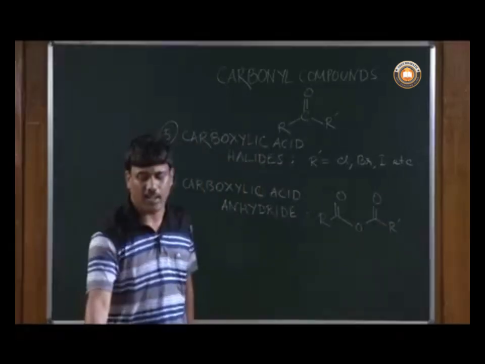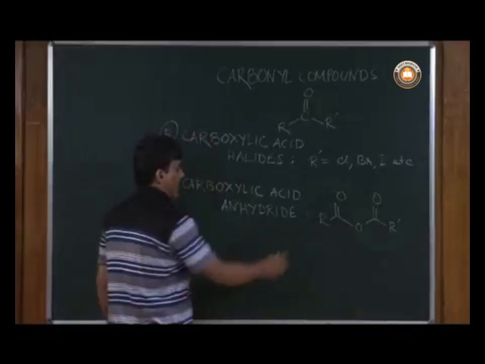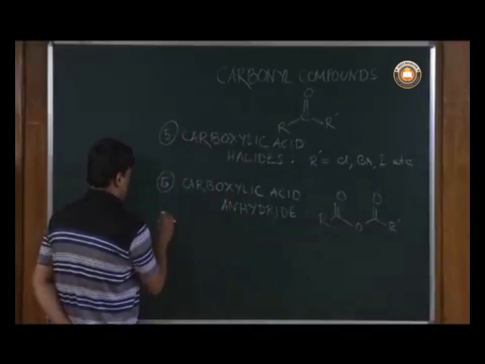Acid anhydrides are represented by this structure, where R and R dash can be same or different, and they are called carboxylic acid anhydride.